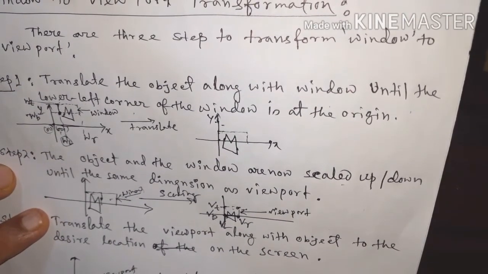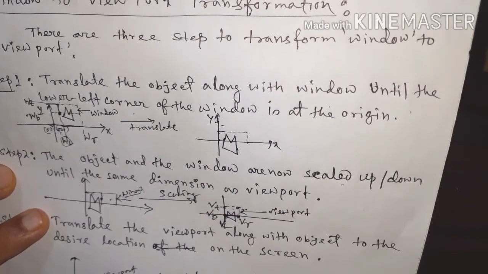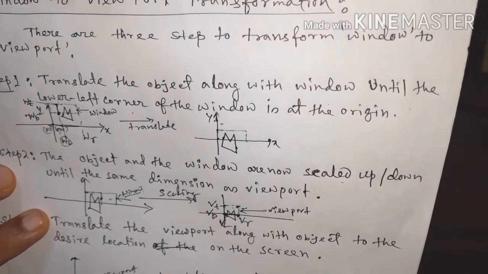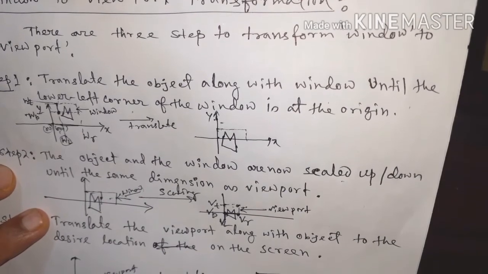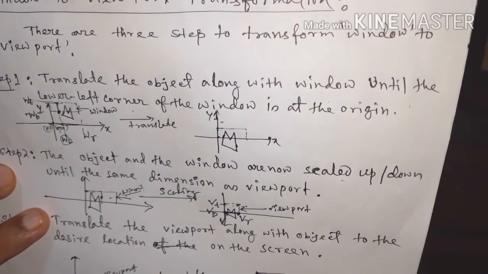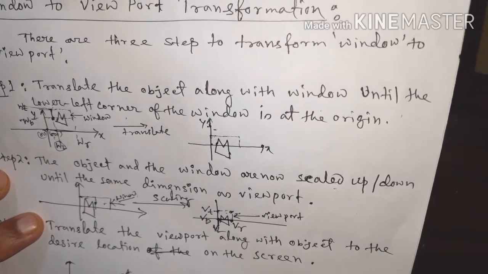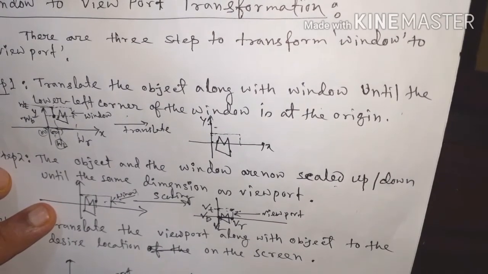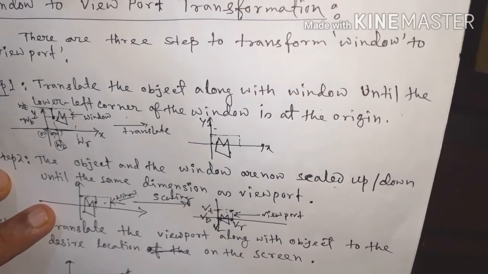So the matrix is Sx 0 0, 0 Sy 0, 0 0 1. So Sx equals the width of the viewport, that is VR minus VL, the V right side minus V left side, divided by WR minus WL.